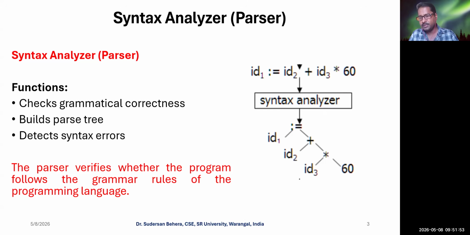And what is the output of a syntax analyzer? The output of a syntax analyzer is nothing but a parse tree, also known as a derivation tree or the syntax tree. So remember, the tree has many nicknames, you can say. Parse tree is also called a syntax tree, is also called a derivation tree.